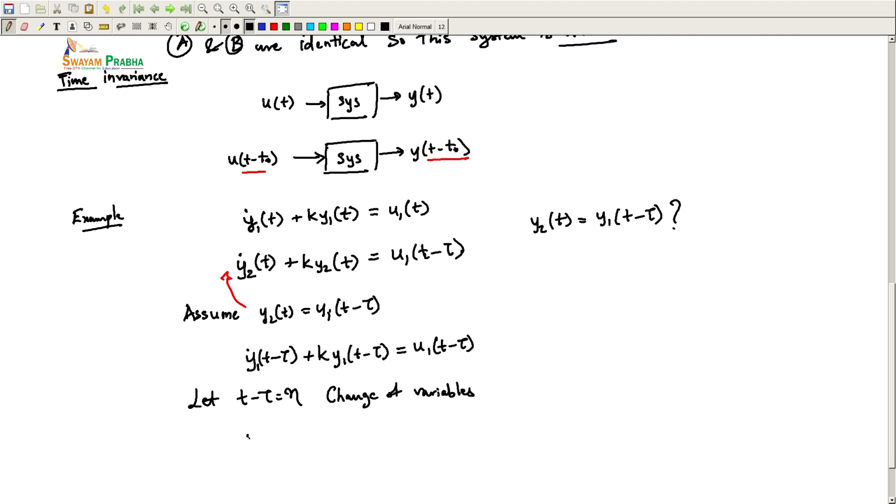So, if we do this, we get derivative of y1 with respect to eta plus k y1 of eta equals u1 of eta.